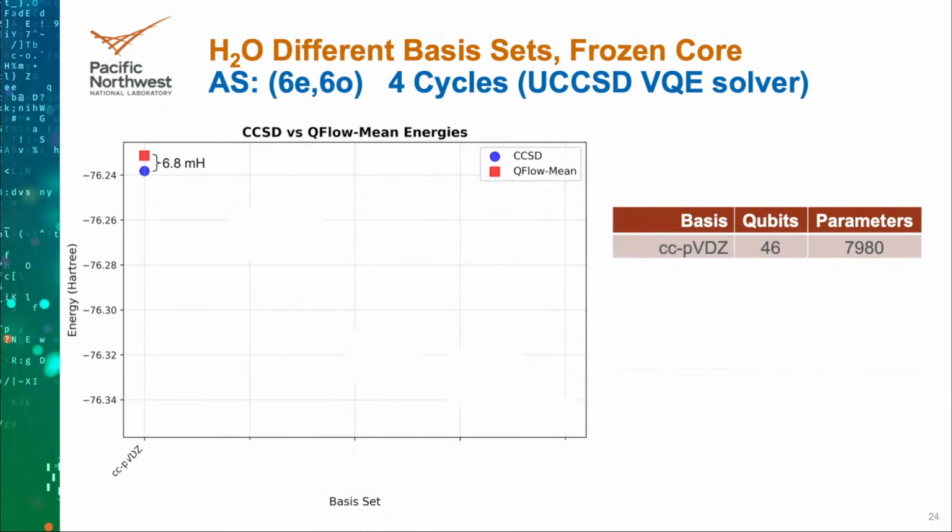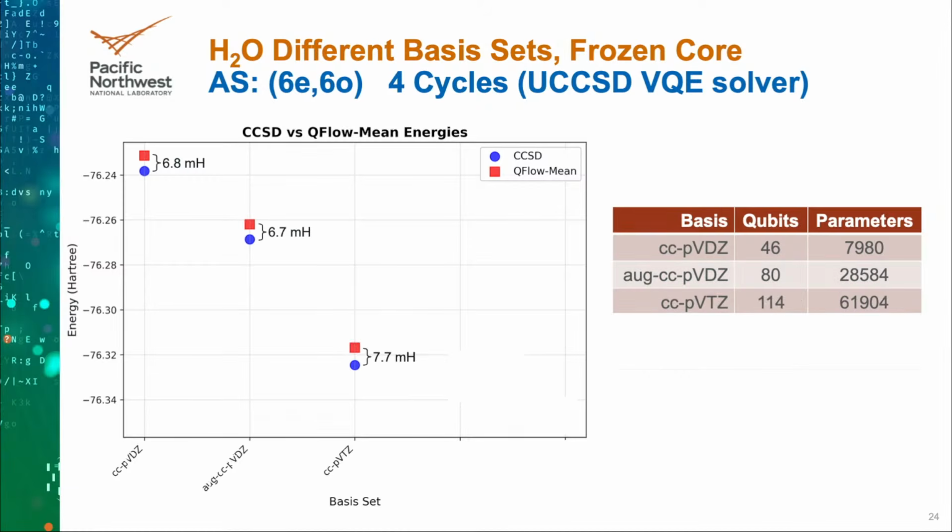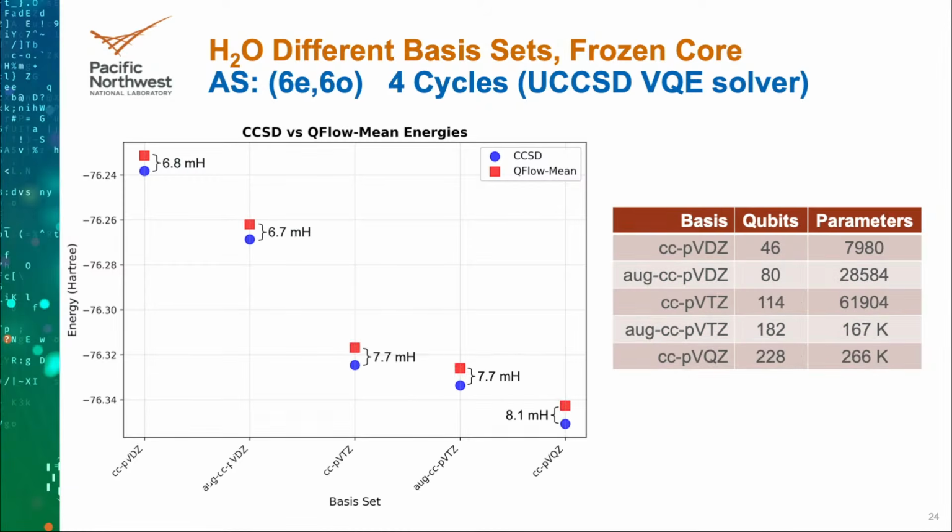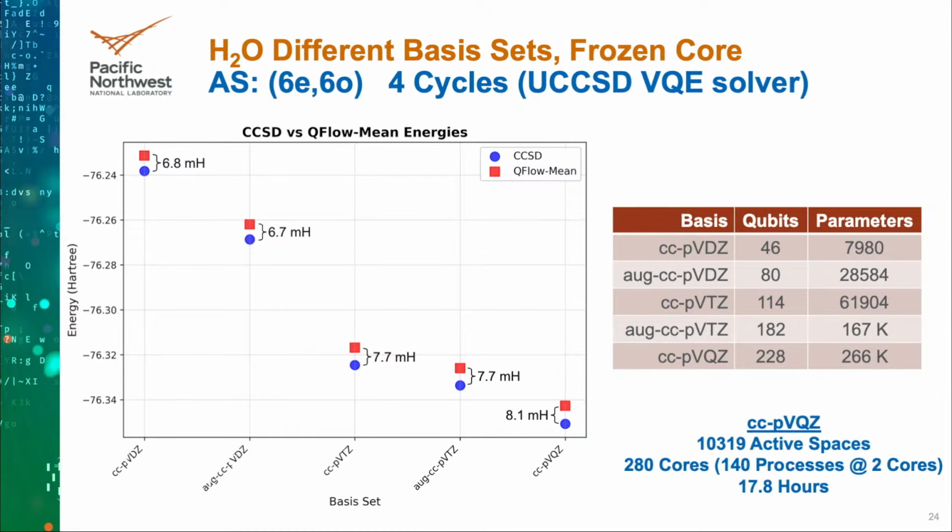Before I finish, this is water in different basis sets, starting from cc-pVDZ to cc-pVQZ. So we are using a similar approach with the 6-orbital active space covering to some extent the Hilbert space, and we are able to play with the cc-pVQZ basis, a very realistic basis set corresponding to 114 orbitals.